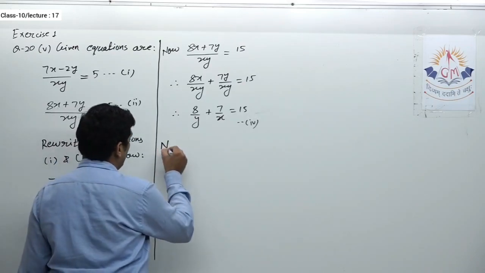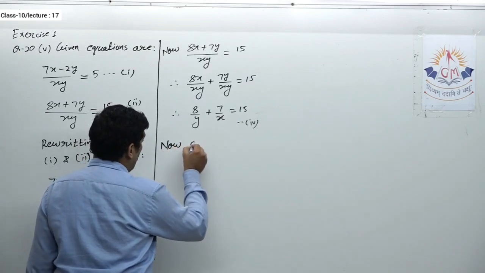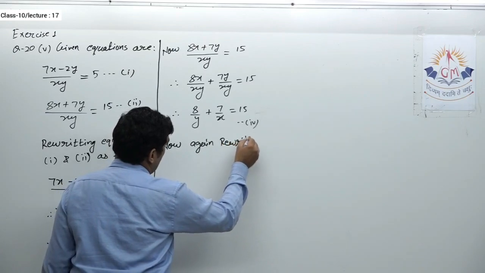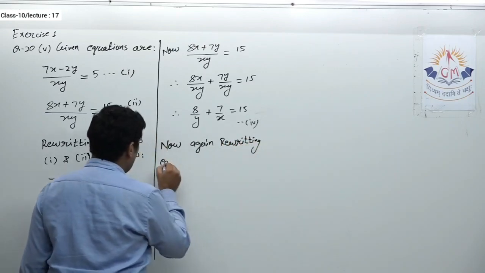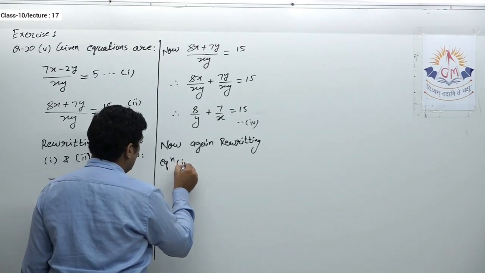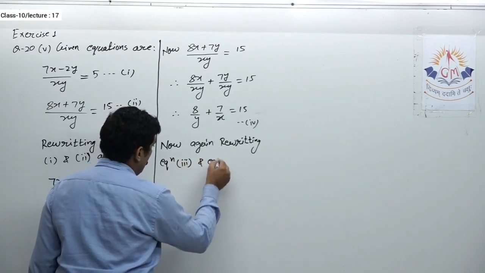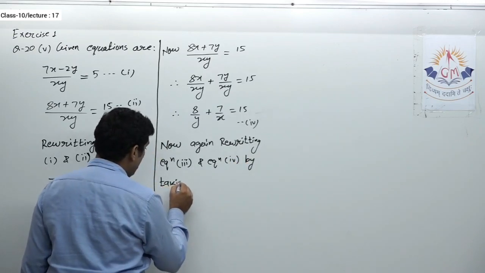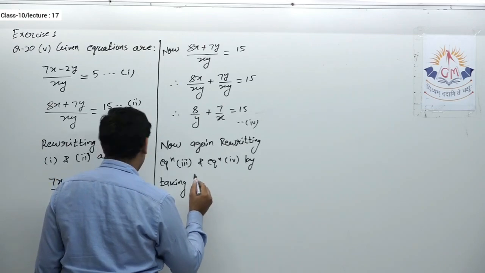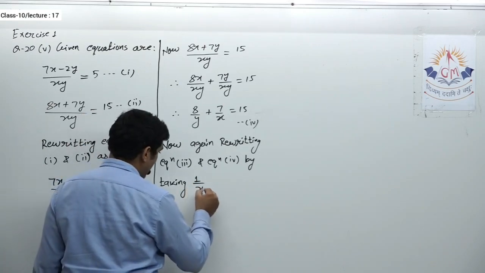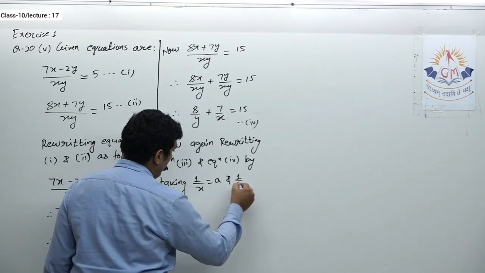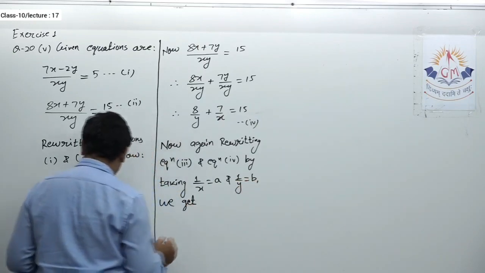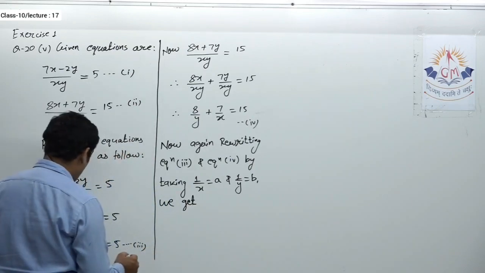So now again rewriting equation third and equation fourth by taking 1 upon x is equal to a and 1 upon y is equal to b, we get: 1 upon x equal to a, 1 upon y equal to b.